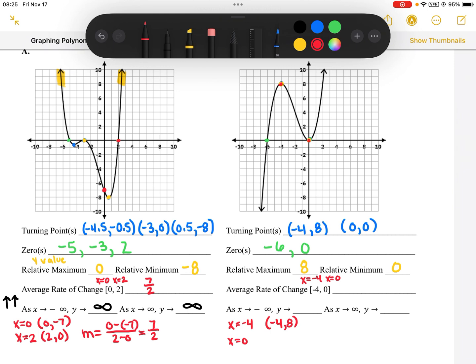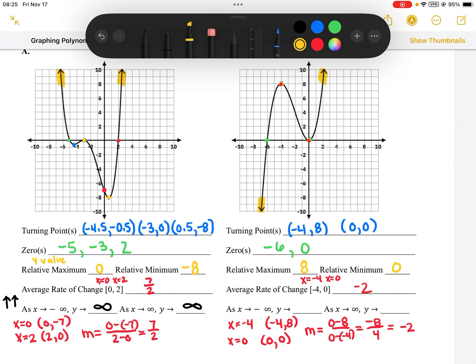At 0, my ordered pair is 0, 0. To find my slope, I'm doing y2 minus y1 over x2 minus x1. So 0 minus 8 over 0 minus -4. 0 minus 8 is -8. 0 minus -4 is going to give me +4. -8 over 4 simplifies to -2. So my average rate of change is -2.